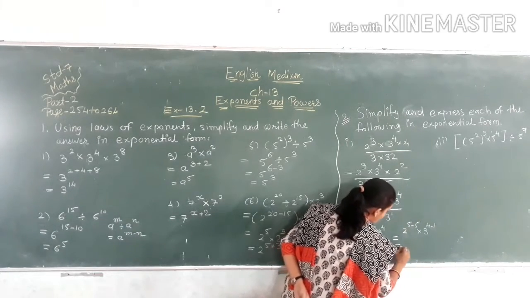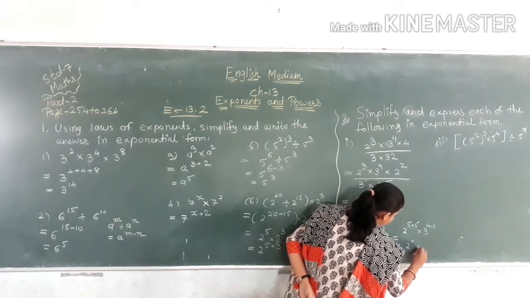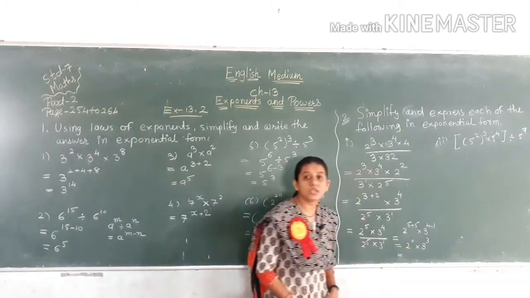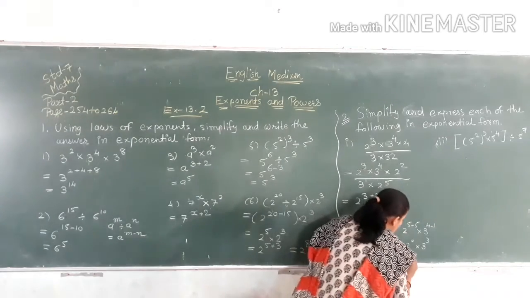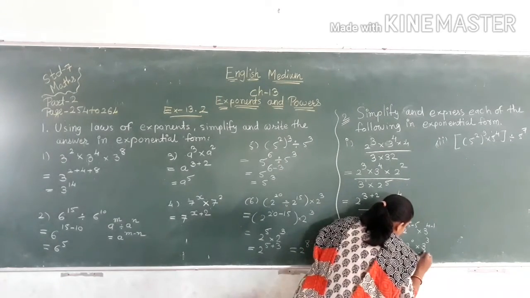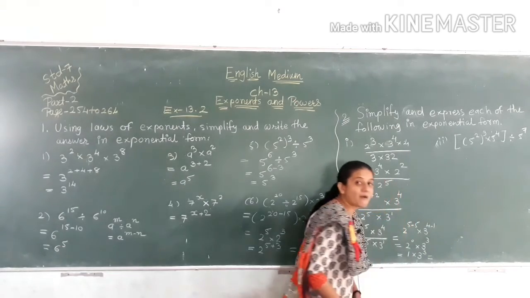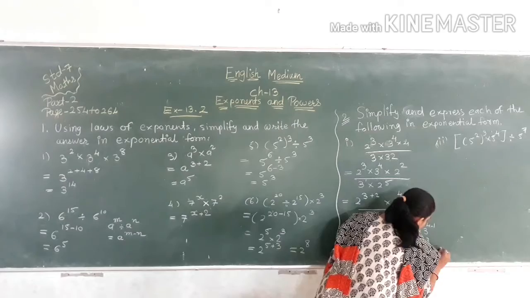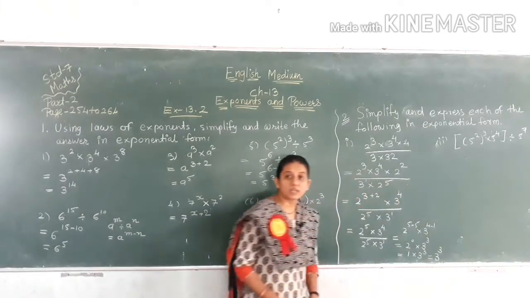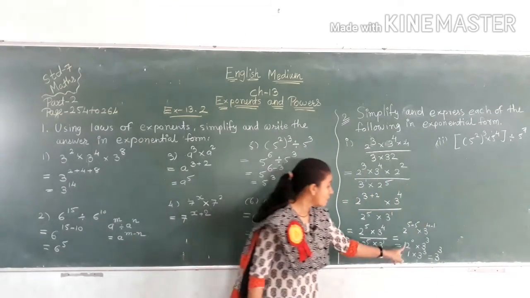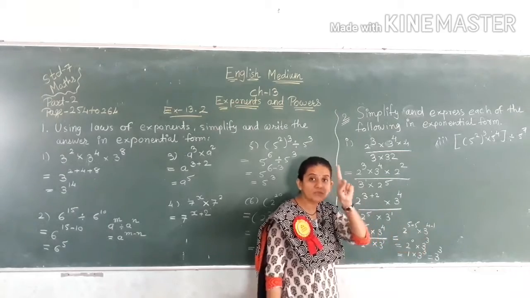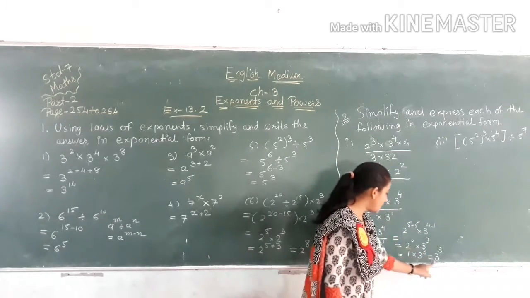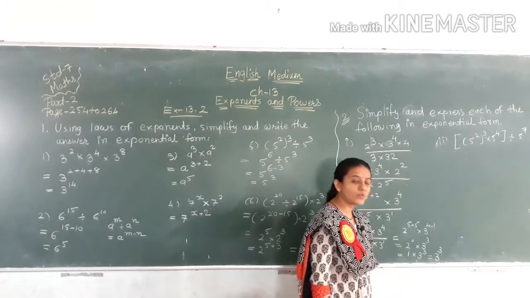So 2 raised to 0 multiplied by 3 raised to 3. 2 raised to 0 means 1. So 1 multiplied by 3 raised to 3. We get the answer 3 raised to power 3.